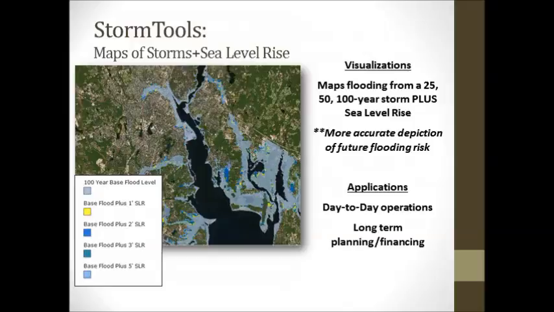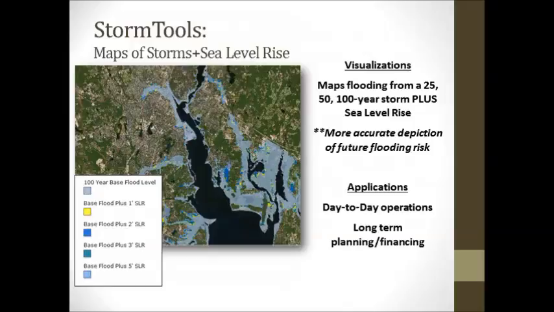And what makes this tool so unique is that it maps both storms and sea level rise together for all of Rhode Island, and it does it at a very fine resolution and allows anyone, whether you be a coastal property owner or a municipal planner, to really understand what the level of risk is to your community from different size storms, whether they be a 25, 50, or 100-year storm, plus some level of sea level rise.